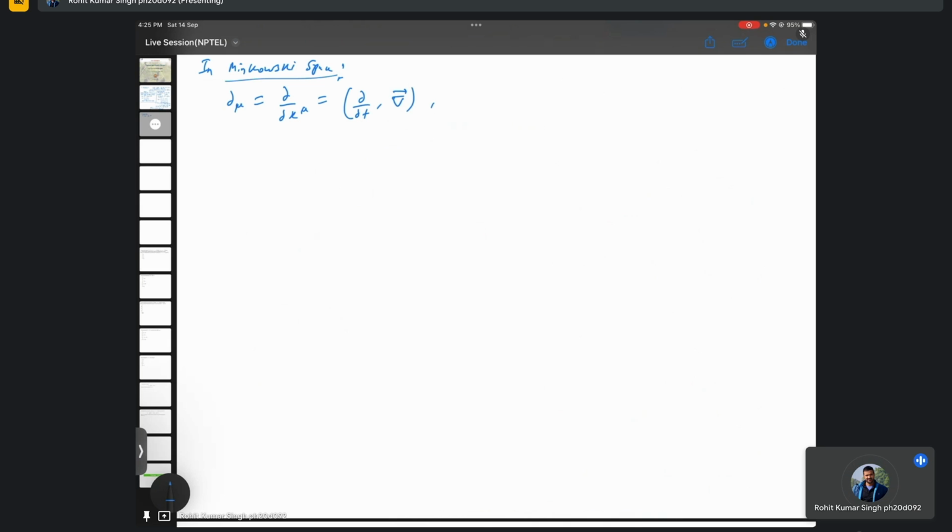This is called covariant, as we have the covariant vectors. This is called cogradient, and then we have the contragradient, which is just the opposite, and this has a negative sign for the spatial coordinate.